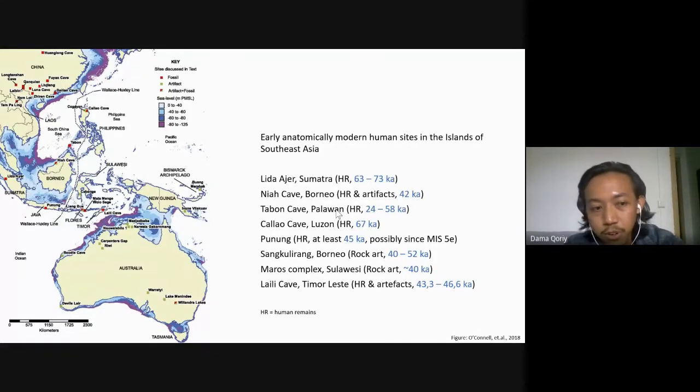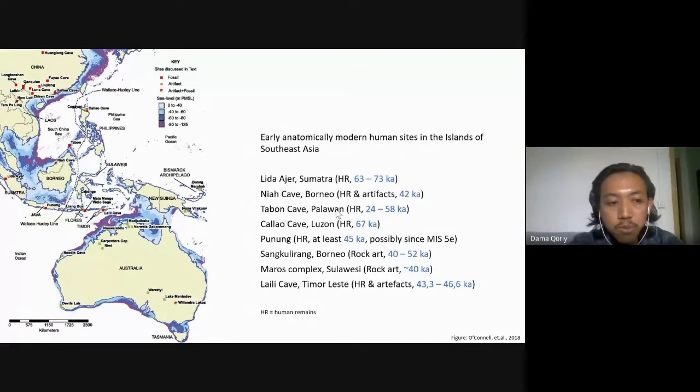For example, in Punung, the human remains maybe come from the same context with the faunal assemblage. In this case, it is the Punung fauna that came around MIS-5, marine isotope stage 5. But once again, the chronology on the provenance of the human remains cannot be ensured.